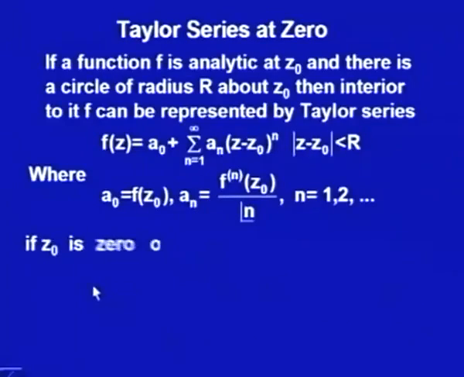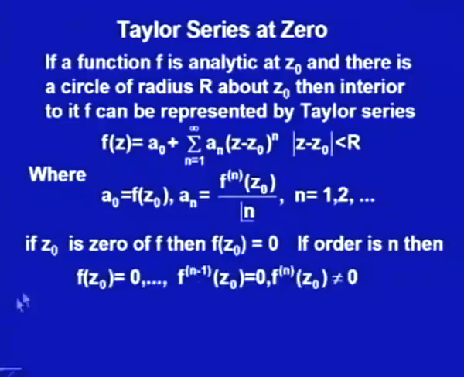So if z naught is a zero of order n, then I would get f of z naught 0, and all these derivatives up to the n minus 1th at z naught equal to 0, but the nth derivative of f at z naught should not be 0.